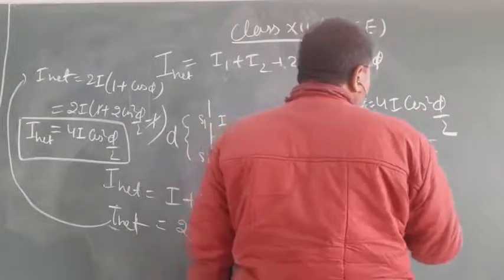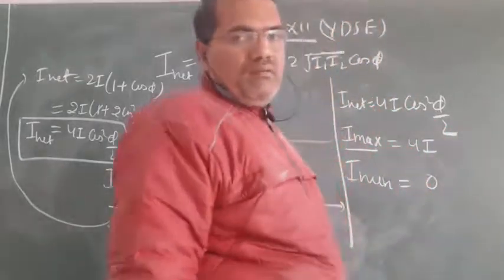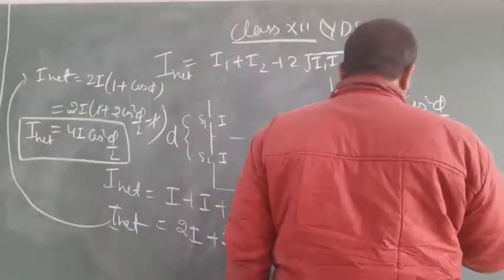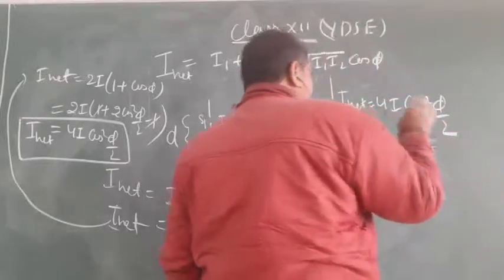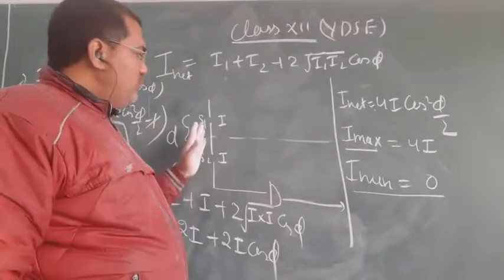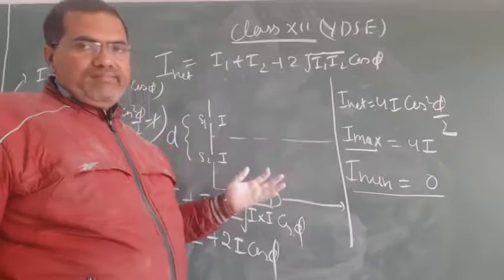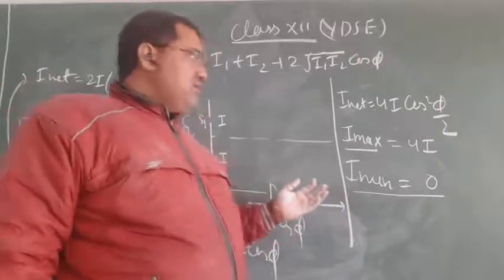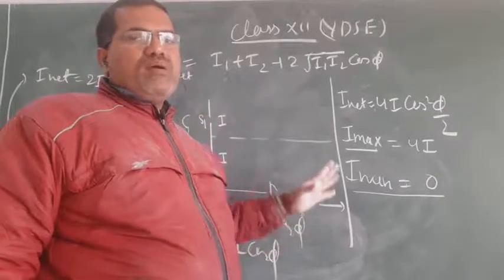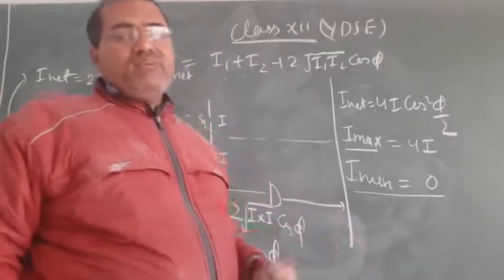That is 0 when phi equals 180 degrees, or pi. So when the intensity of both the sources is the same, then full contrast is obtained. Intensity will be maximum 4I and minimum 0, so this is the condition for sustained interference.